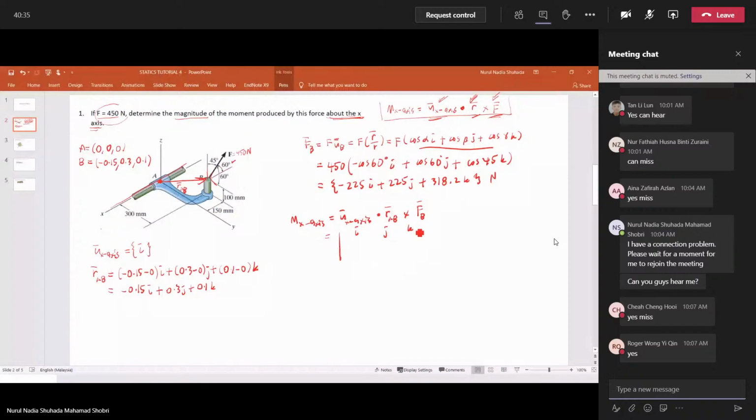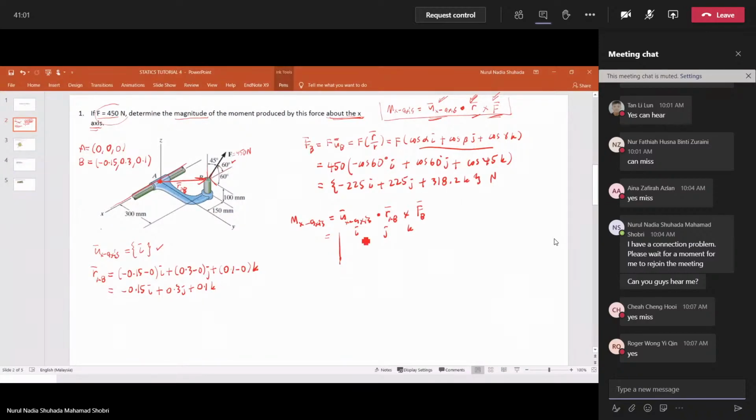There will be 3 rows here. The first row should be for the unit vector about the x-axis, so you can refer here. The unit vector about the x-axis is i, which is equal to 1. For the j and k part, you can just put 0, 0.